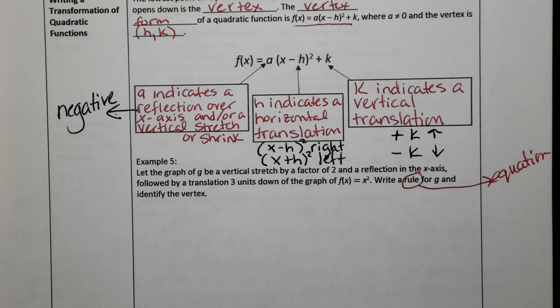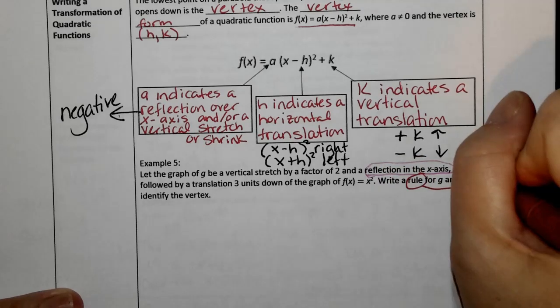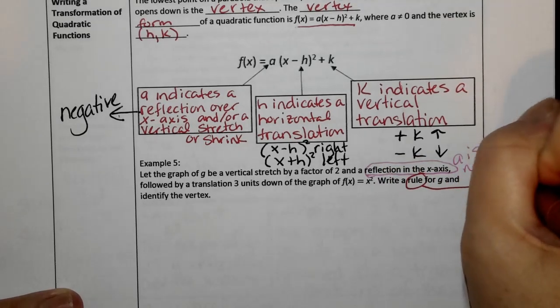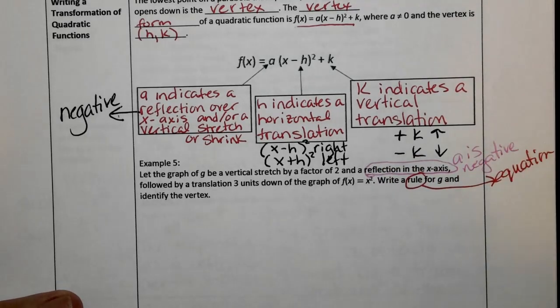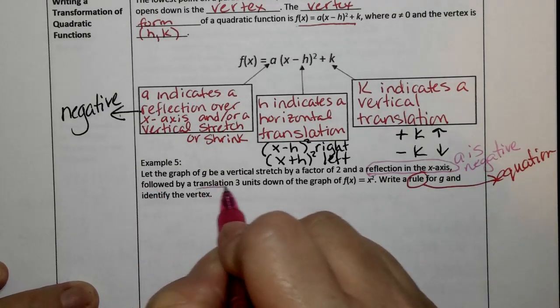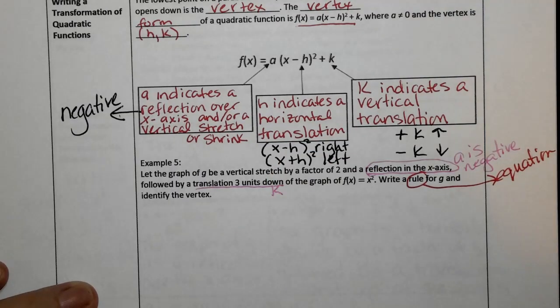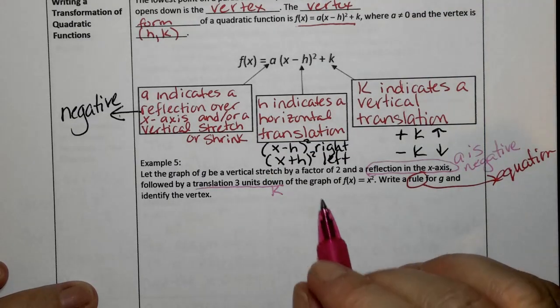All right, so reflection on the x-axis tells us that our A is negative, right? So the A value is negative. Then we have, followed by a translation 3 units down, so this is our K value. I feel like there was something else.